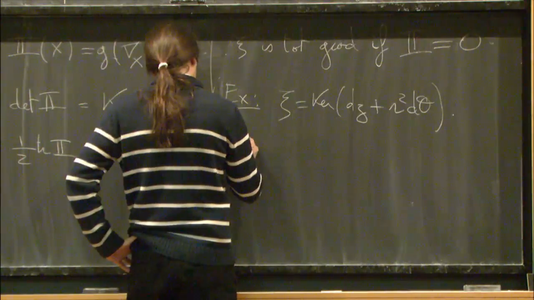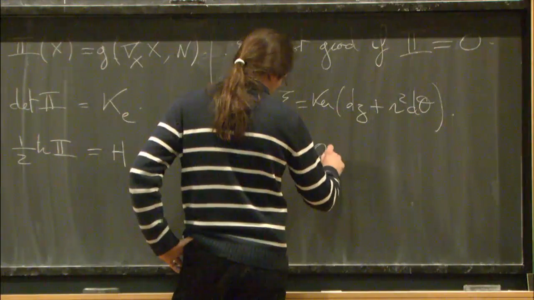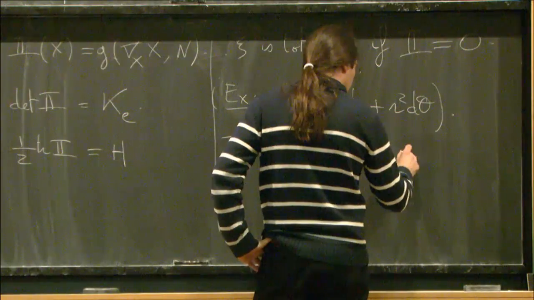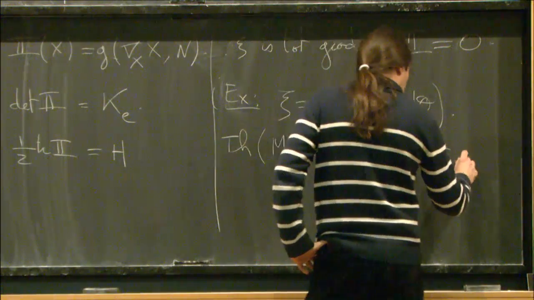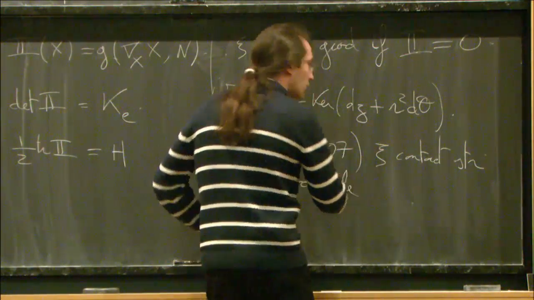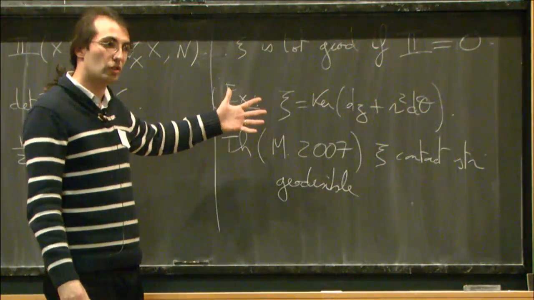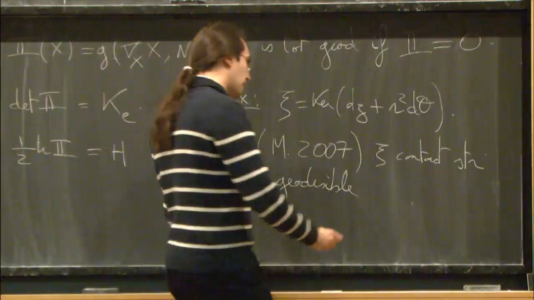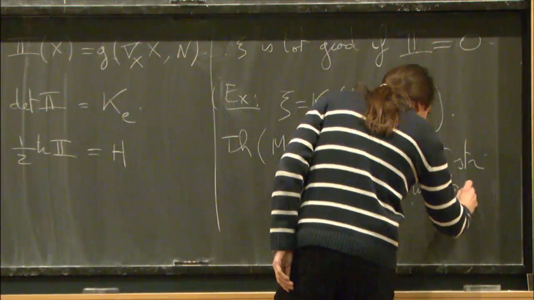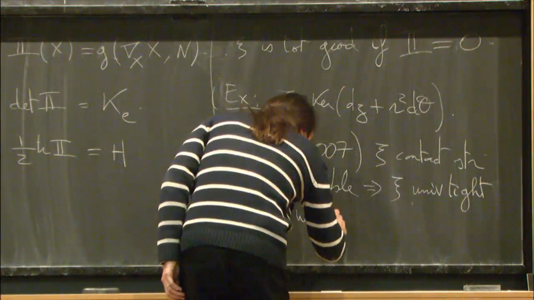But there is still a result about them that I proved in 2007 in my thesis. So if you've got a closed Riemannian manifold and psi is a contact structure which is geodesible, which means there is a Riemannian metric such that psi is totally geodesic, then psi is universally tight, symplectically fillable, and weakly symplectically fillable.